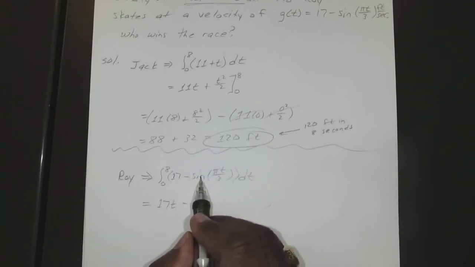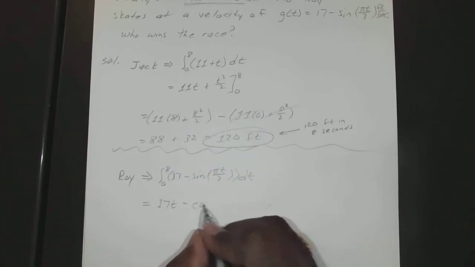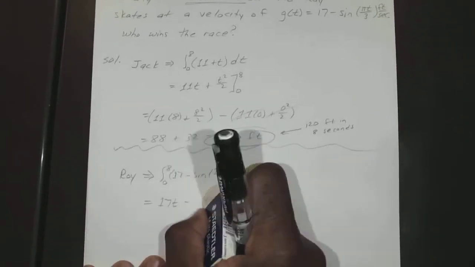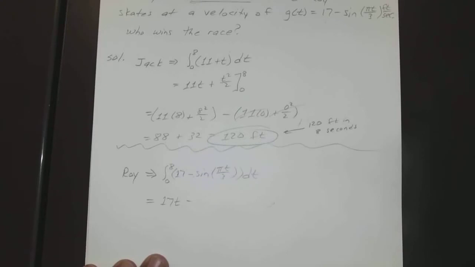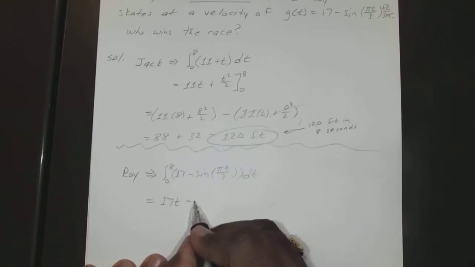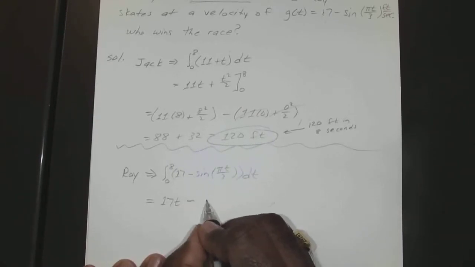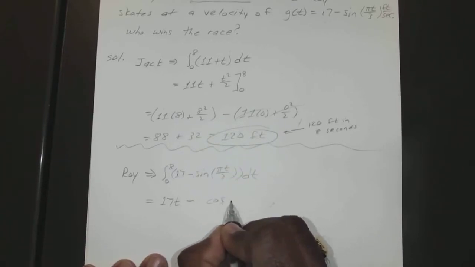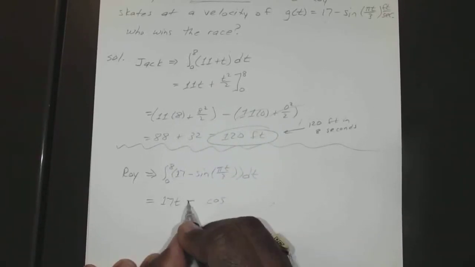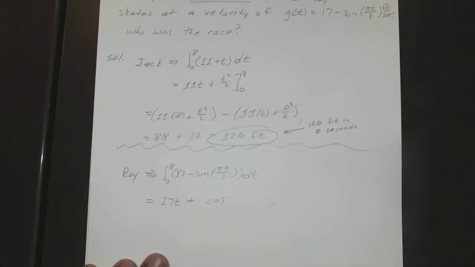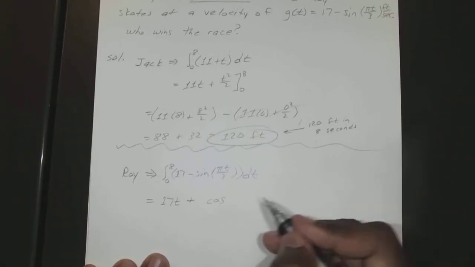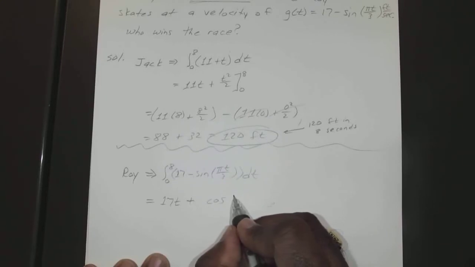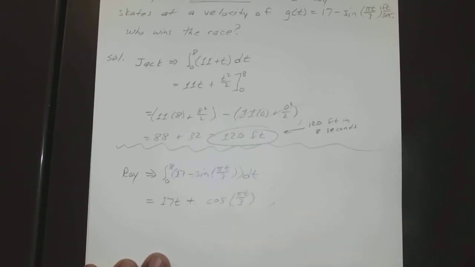you have cosine. Actually, yep, it would be a positive cosine. I'm mixing up my derivatives for a second there. So you have cosine, which becomes negative, so that becomes positive, of pi times t over 3.